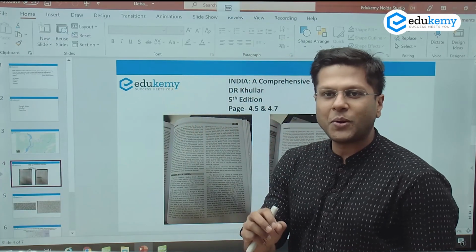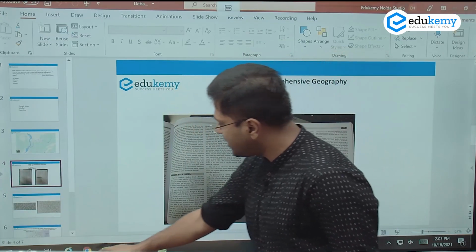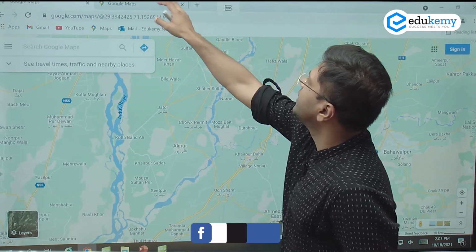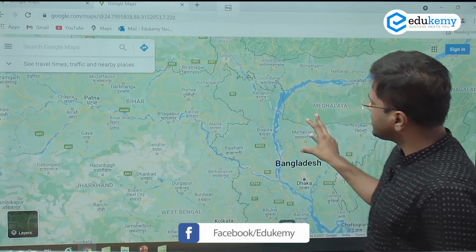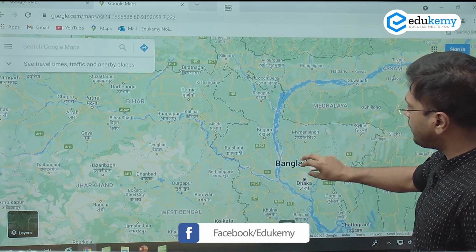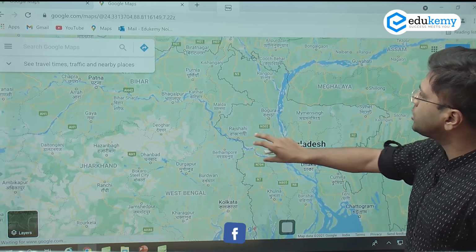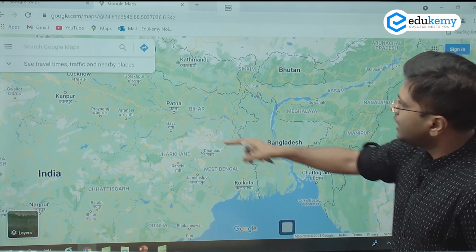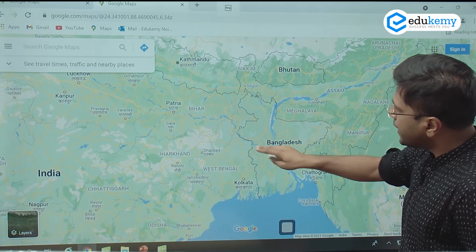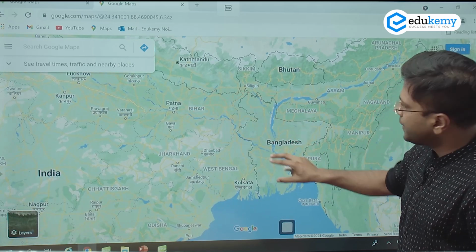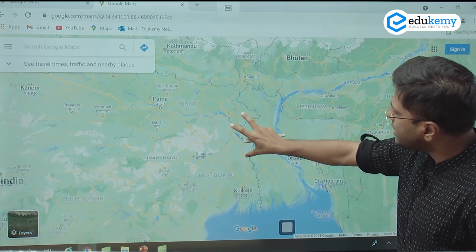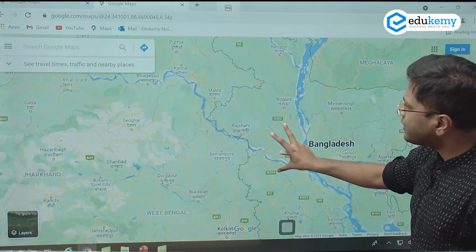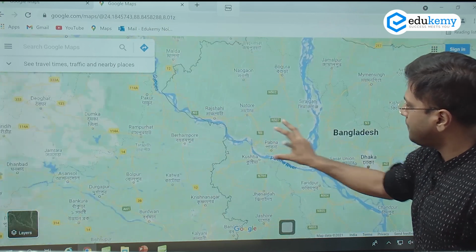And this is where I would also like to show you an additional understanding about Brahmaputra. A similar game could be played by UPSC with respect to the Brahmaputra and Ganga system also. So I would like to show you the names here. Now Ganga flows, and in India it is known as Ganga. However, as it comes into Bangladesh, it is after that known as Padma.